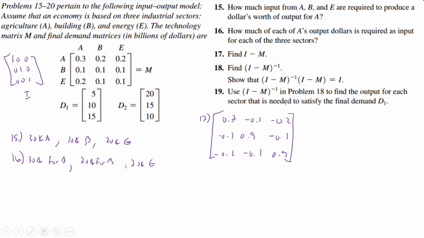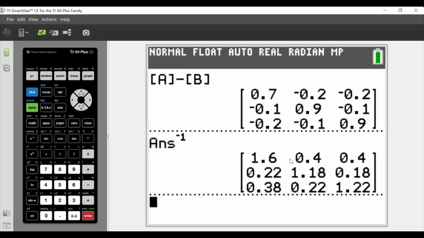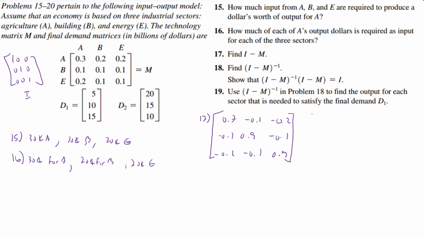Now what we have to do is plug in and take the inverse of that. So let's go back over here and say we want the inverse of that answer. Coming back over here again, we have 18. The inverse of I minus M is going to be what? Well, that's going to be 1.6, then 0.4 and 0.4.